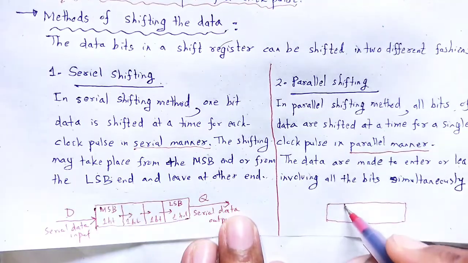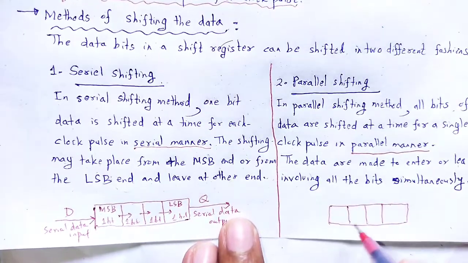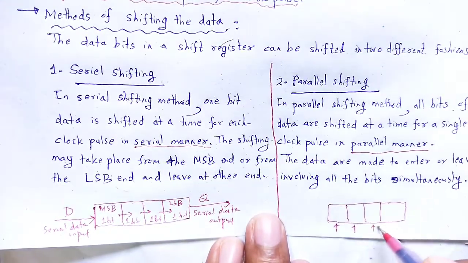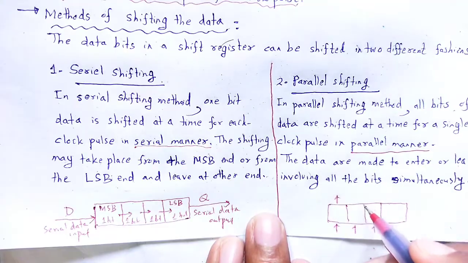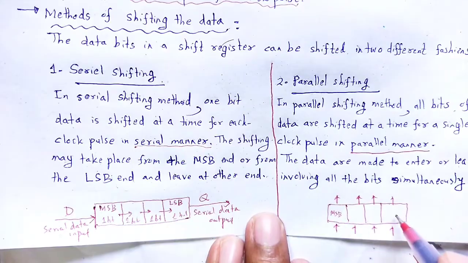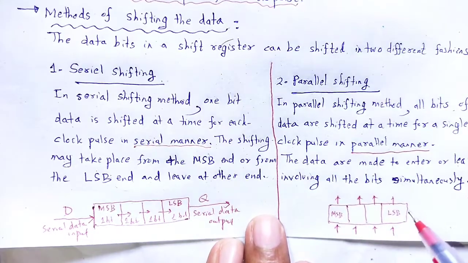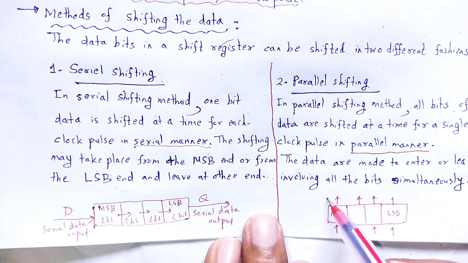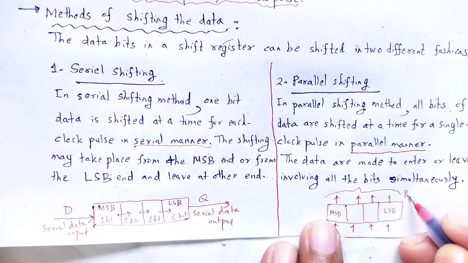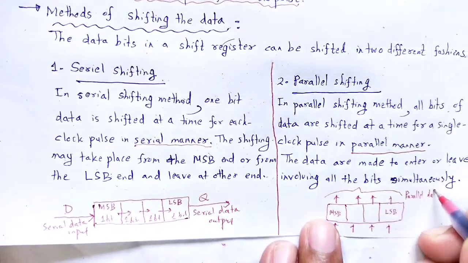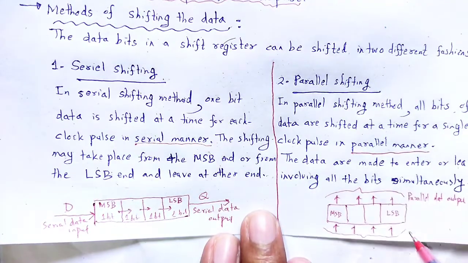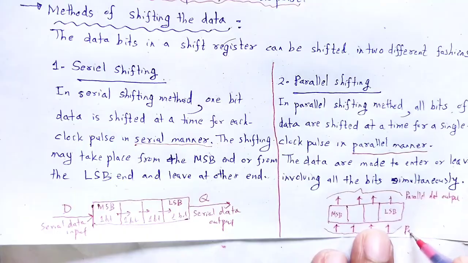Taking 4-bit data input, data output, most significant bit, and least significant bit. At this section we have the parallel data output, and that section stands for the parallel data input.